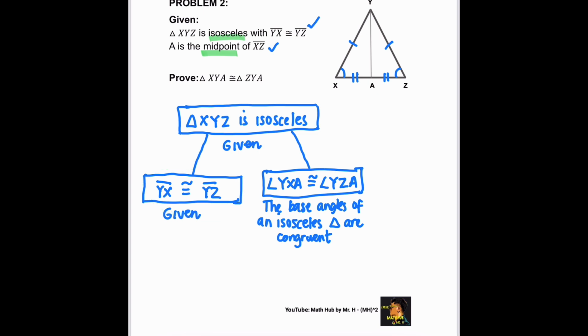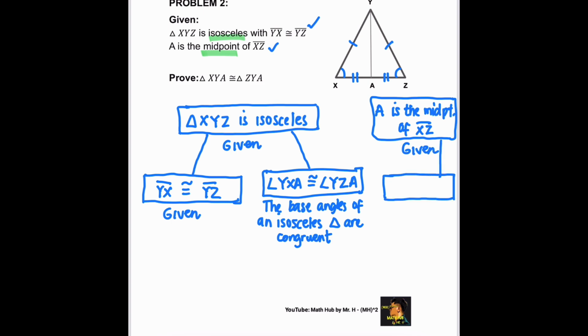And the third statement actually came from the other given statement. A is the midpoint of segment XZ. So given. And from there, we were able to derive a statement, which is segment AX is congruent to segment AZ.